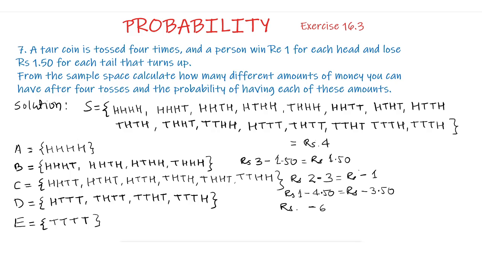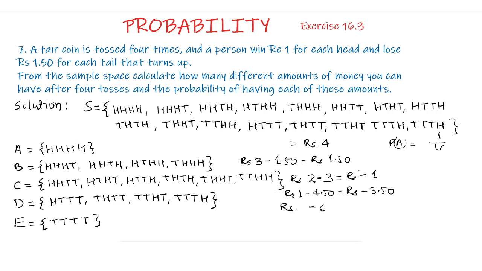Now we calculate the probability like this. Probability for coming rupees 4 is the probability of A. There are a total of 16 outcomes in the sample space, and the favorable event is only one, of 4 heads, so the probability of A is 1 upon 16.